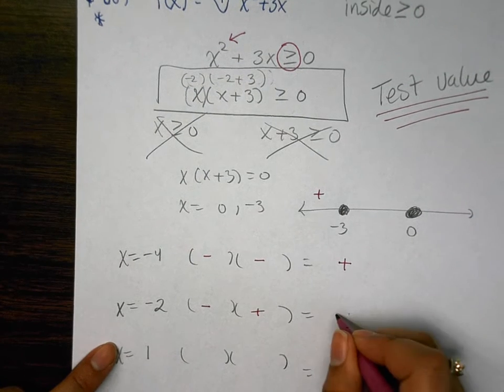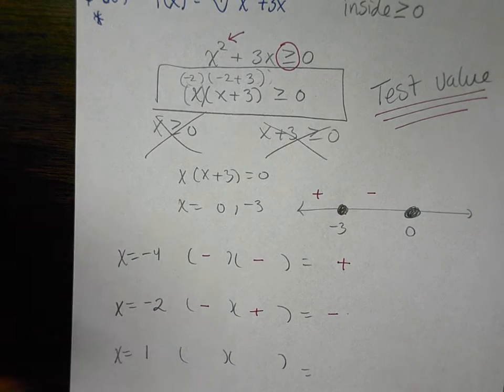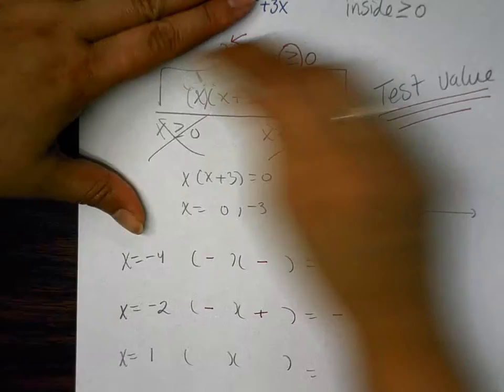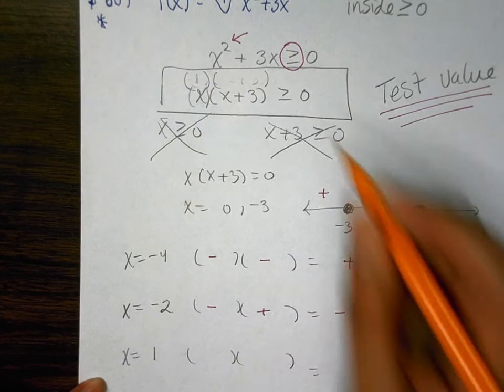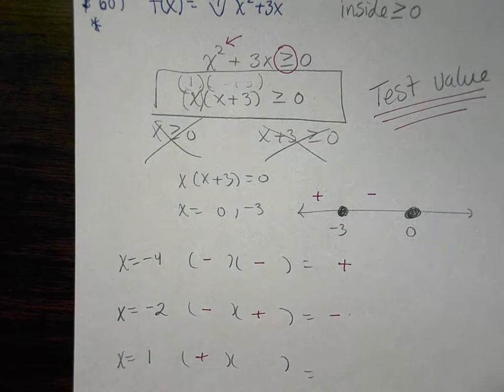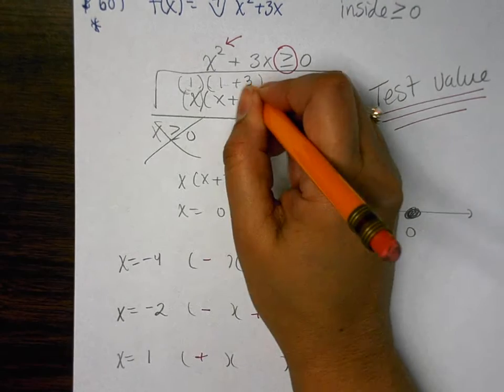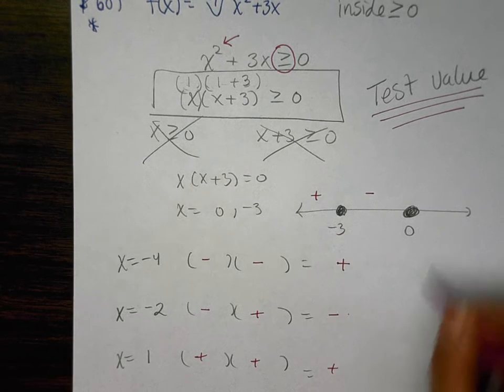And that makes a negative. All right, and then the last one we plug in is what? The 1. 1 by itself, positive or negative? Positive. And then the next piece is 1 plus 3. Is that positive or negative? Also positive, and that multiplies to a positive.